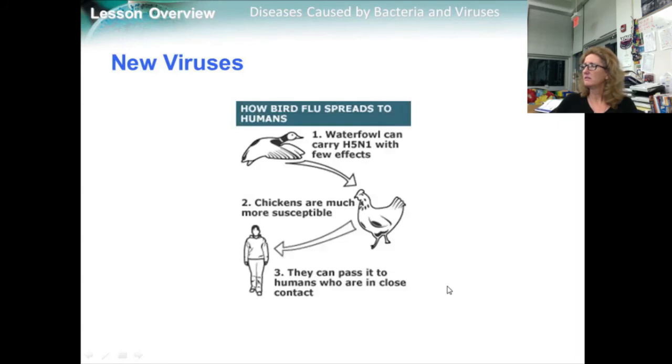Because viruses replicate so quickly, their genetic makeup can change rapidly, sometimes allowing a virus to jump from one host species to another. Researchers have evidence that this is how the virus that caused AIDS originated, moving from non-human primates into humans. Public health officials are especially worried about the flu virus.